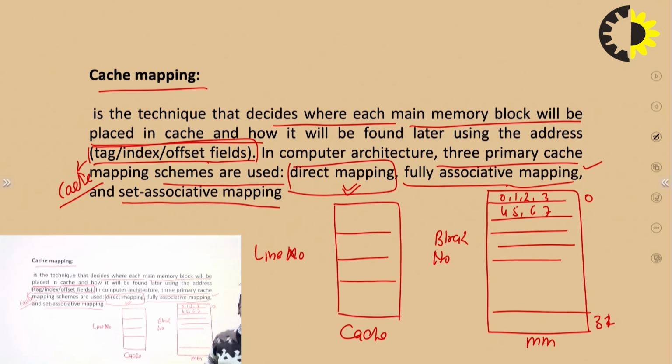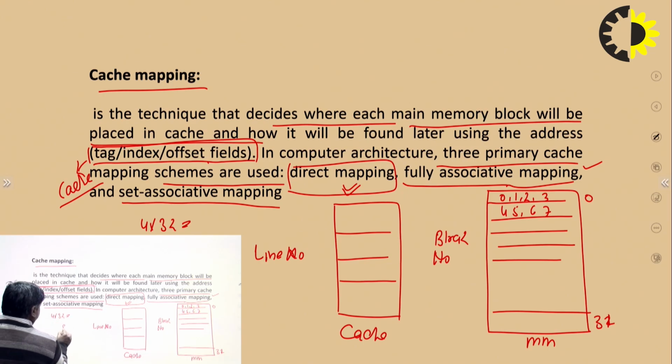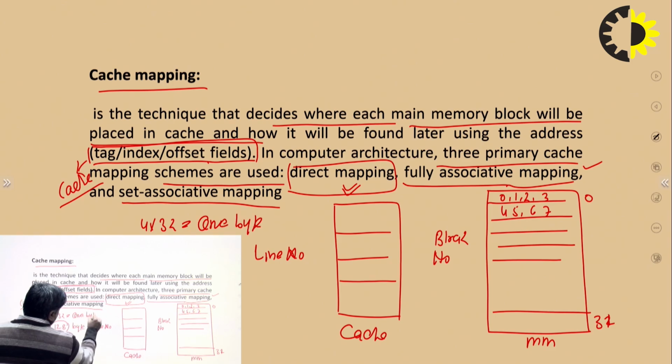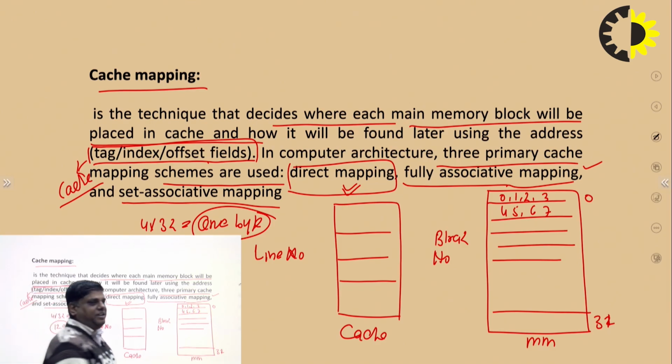So what is the size of the main memory? It is 4 times 32, that is 128. And if we consider the size of each word as 1 byte, then the size of the main memory is 128 bytes.